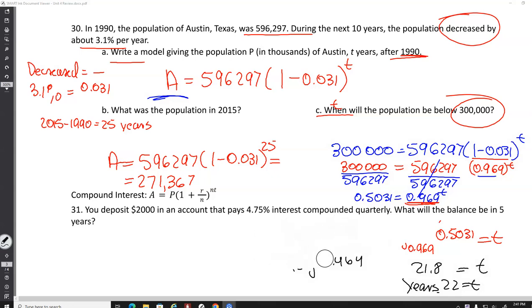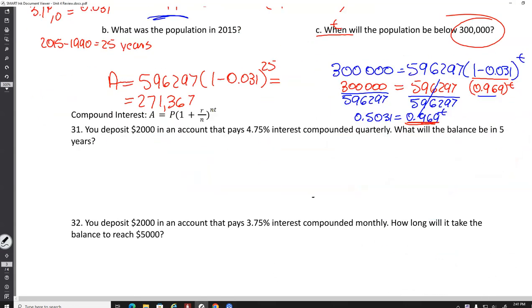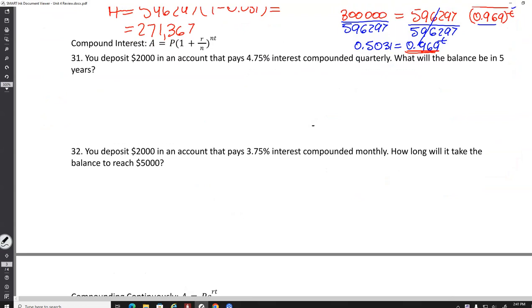All right, now question 31. Move that up a little bit. Now we're doing compounded interest. Remember, compounded interest is when you use the same formula, but now you're dividing by how often it compounds. If you're investing daily, that means your money is going to grow daily, which is 365 days.